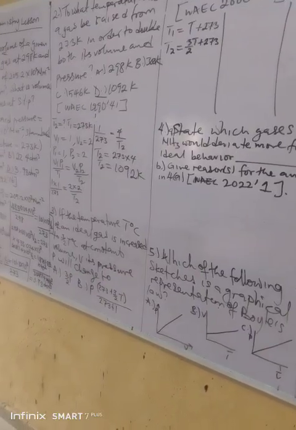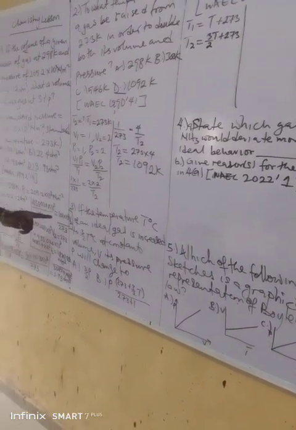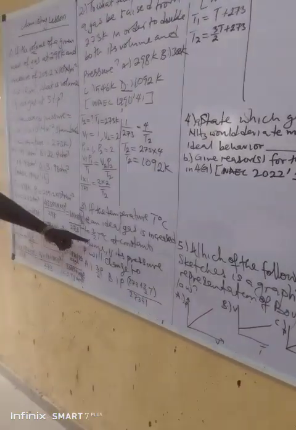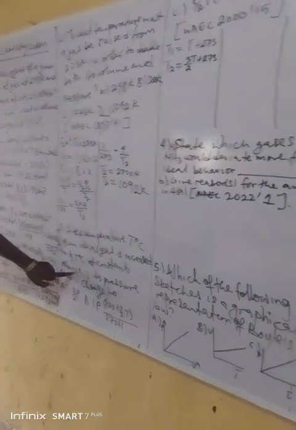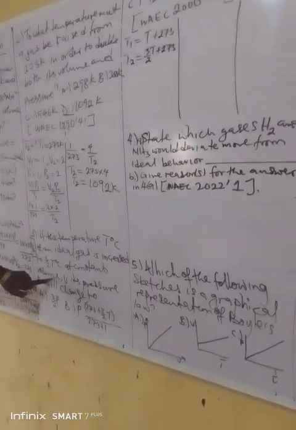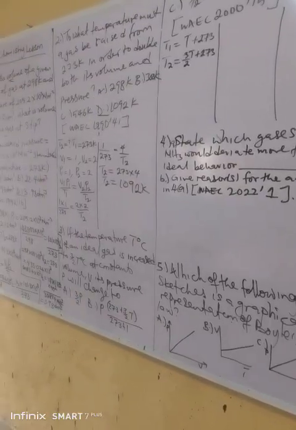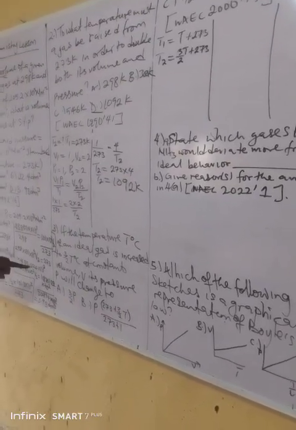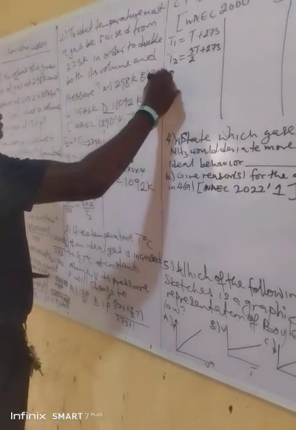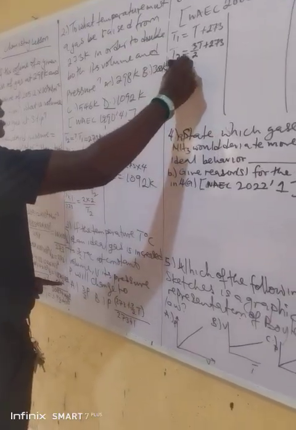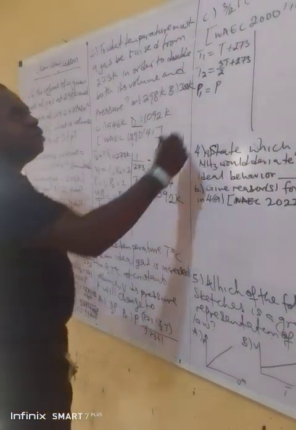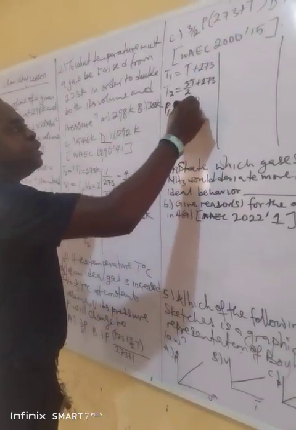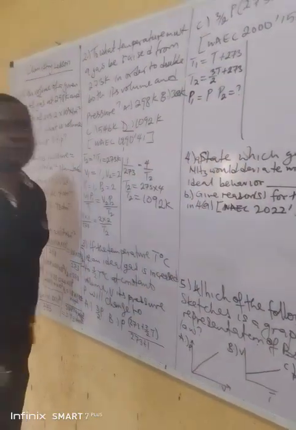Now, what's the next thing to do? They say of an ideal gas is increased to this at constant volume. The volume is constant. It means we are not going to use volume inside it. Pressure P is my P1 now. We are looking for P2, which is unknown.